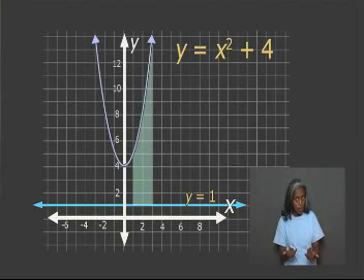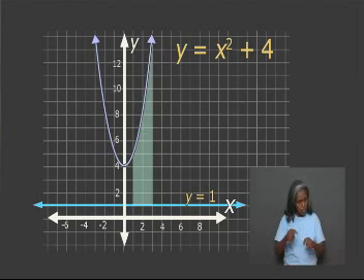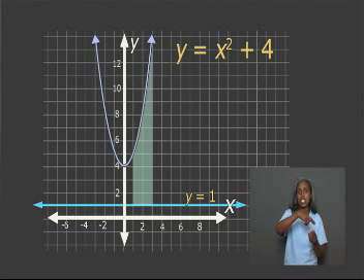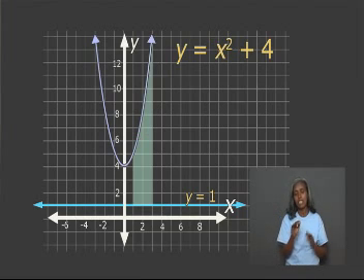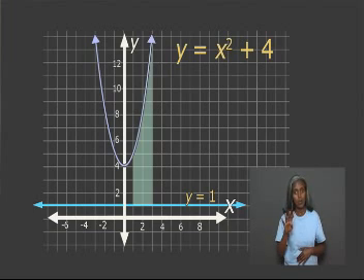Now, I will have you try to plot the area of this graphed function. Please find the total area of the region enclosed by the graphs of f of x equals x squared plus 4 and g of x equals 1, and the lines x equals 1 and x equals 3.